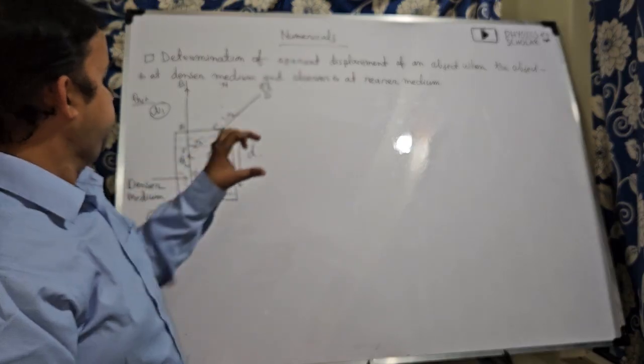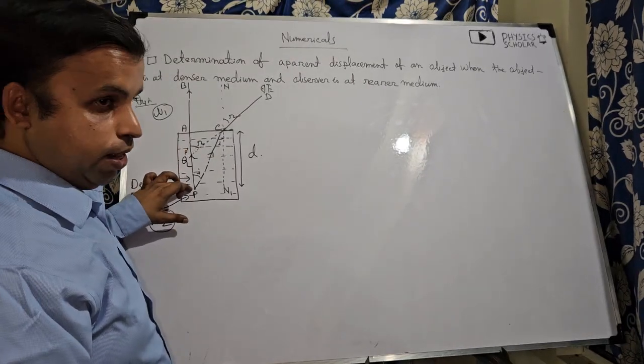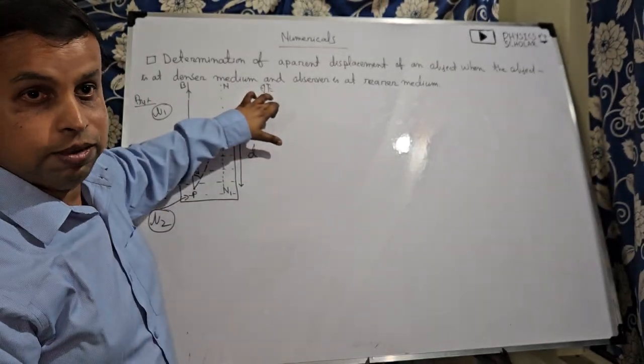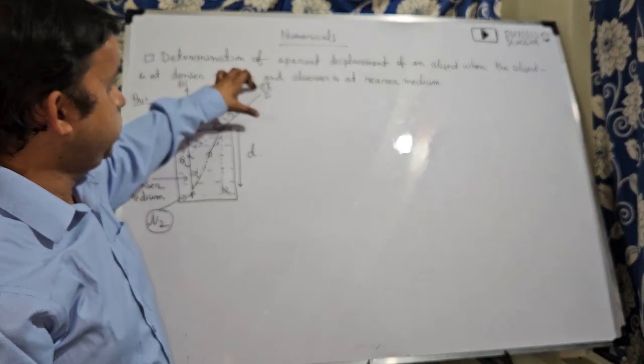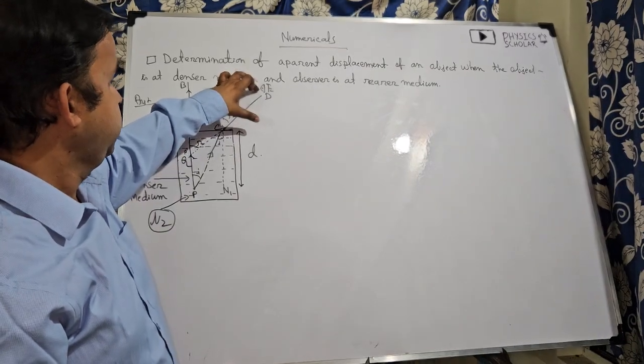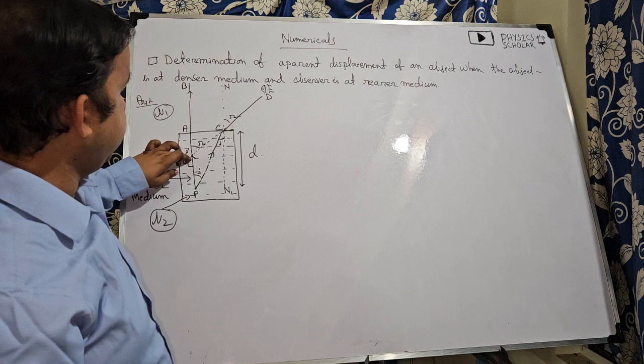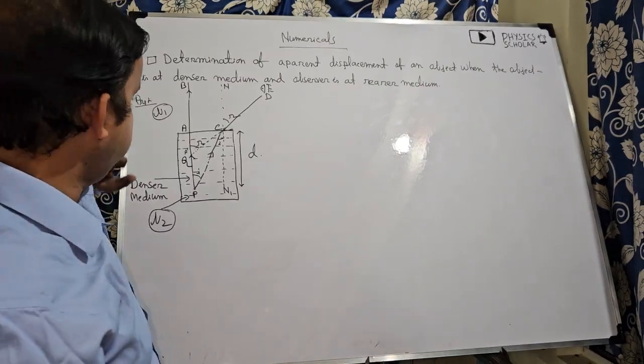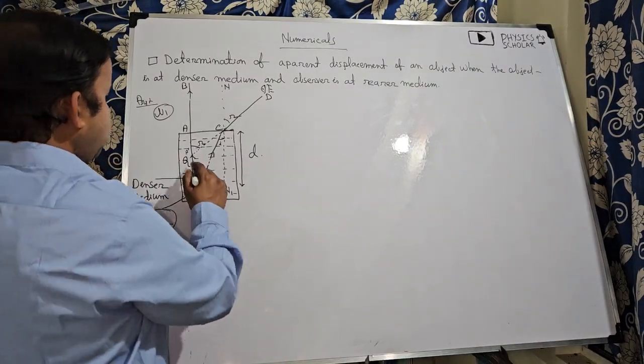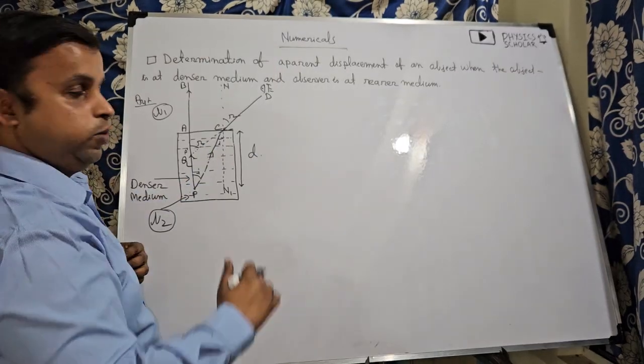Actually the point P is here, but if we watch it from outside the medium, from the rarer medium, then we see point P at this position, point Q. Clear?